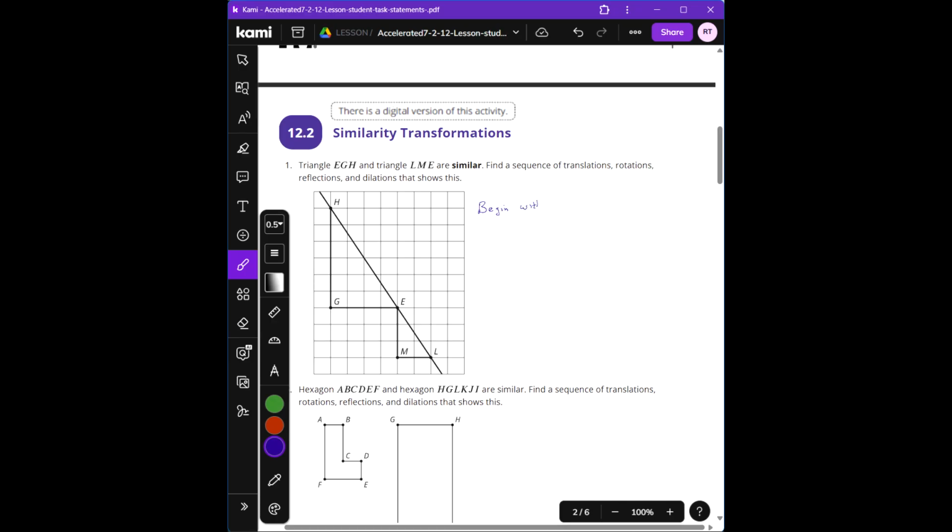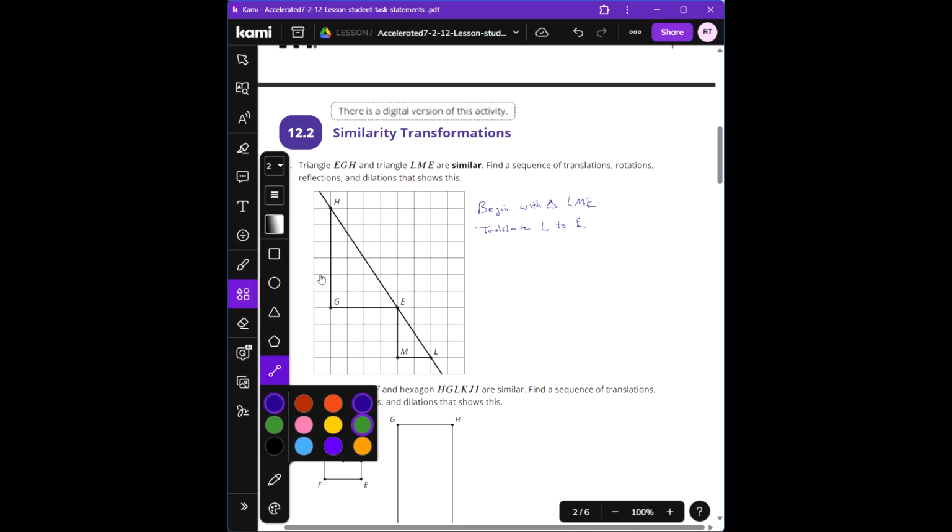So what we can do for this one is we can begin with L, M, E. Okay, we can then translate L to E. Let's go ahead and do that in red.